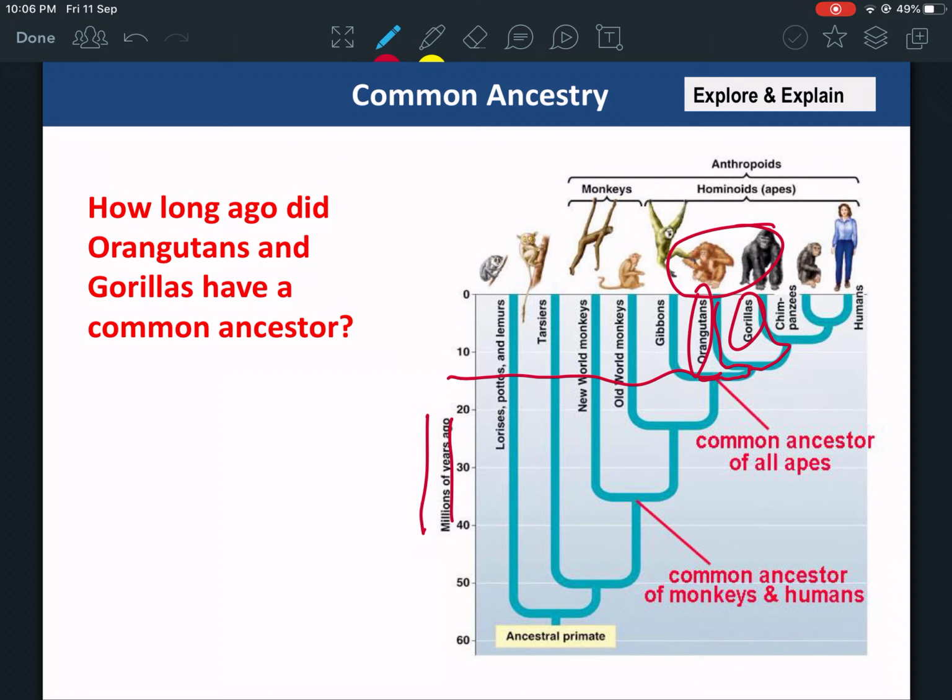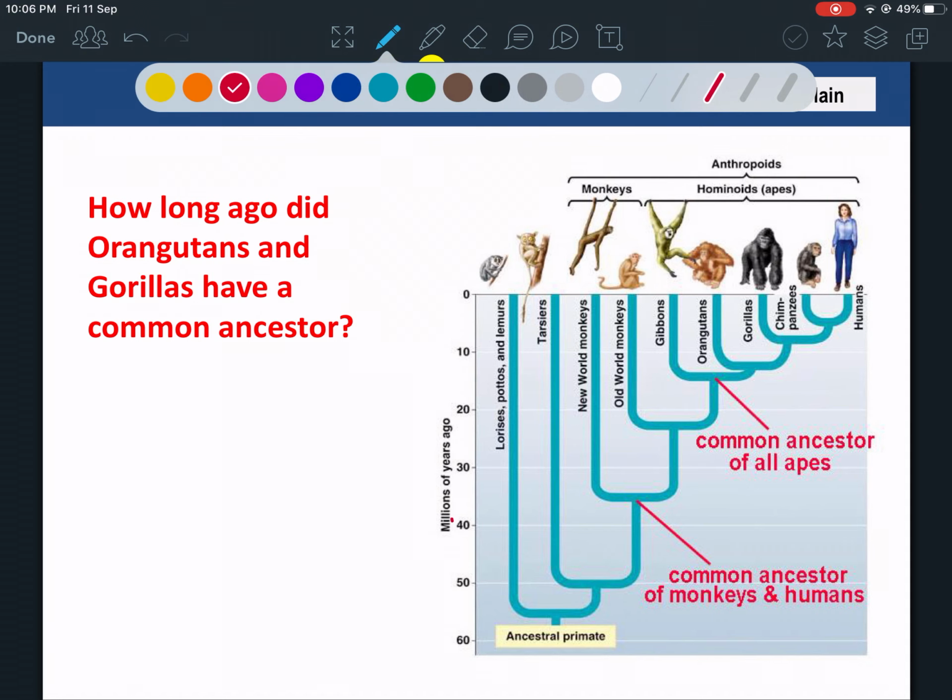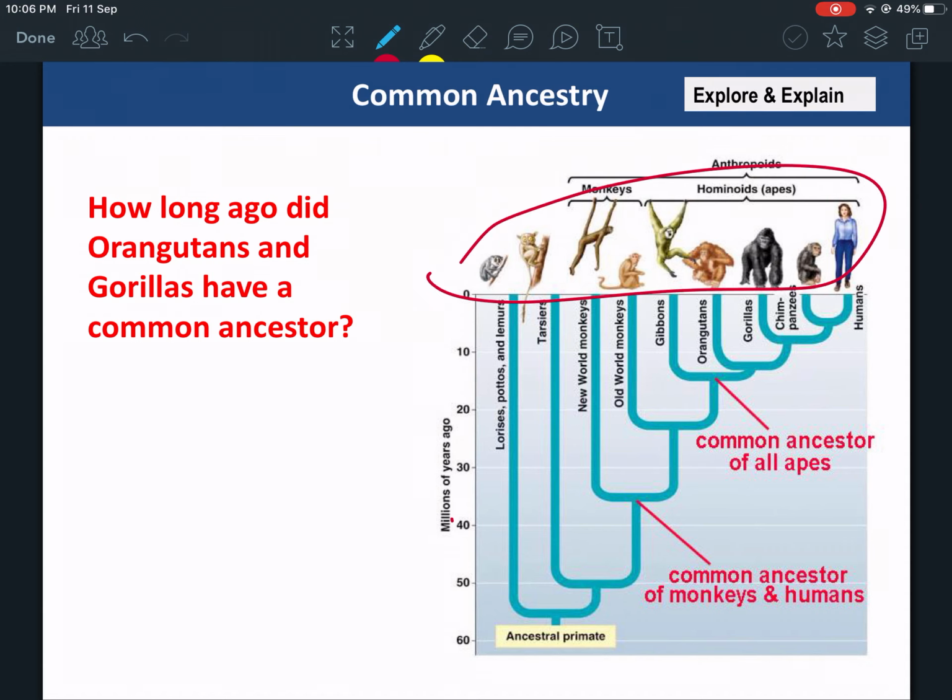This is between 20 and 10, so I'm guessing like 15, maybe 16 million years ago, gorillas and orangutans had an ancestor in common. How long ago did all these animals have an ancestor in common? 60 million years ago. This is what scientists believe.